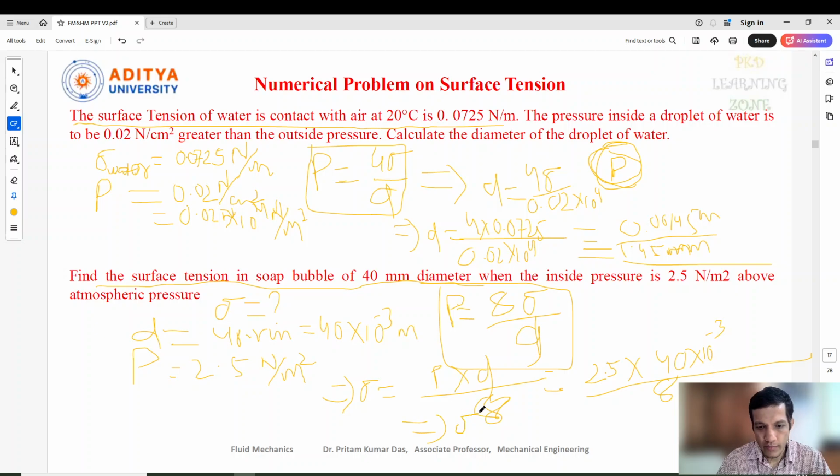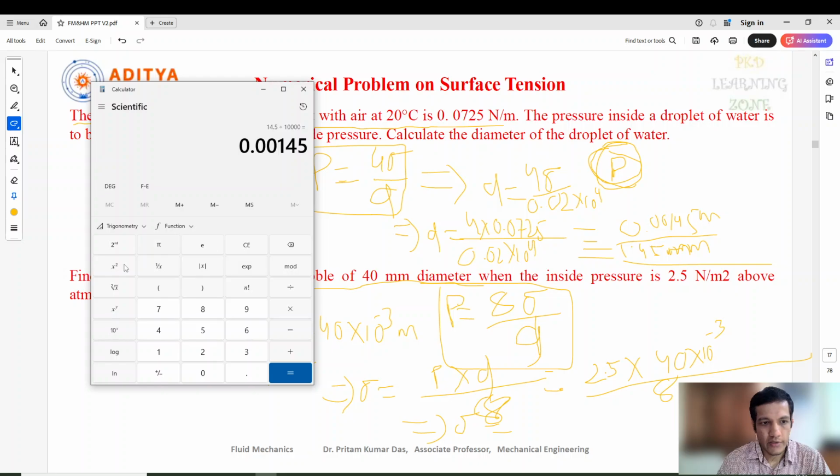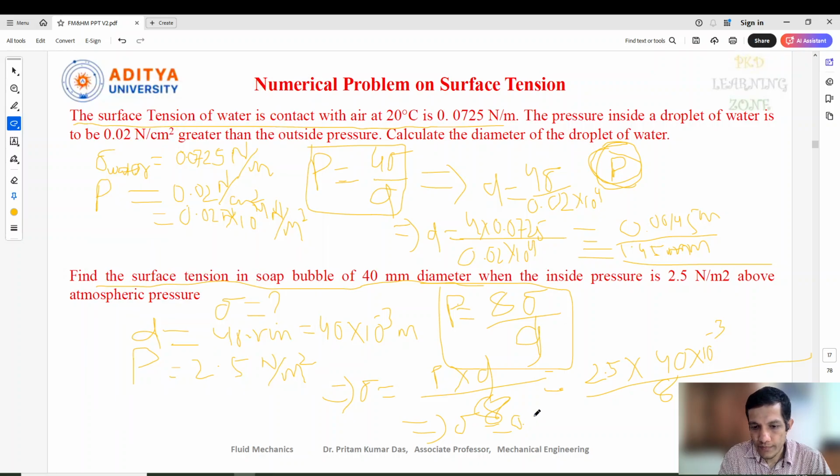So sigma will be 2.5 into 40 divided by 8 and divided by 1000. That gives 0.0125 Newton per meter. So this is the surface tension of this soap bubble.